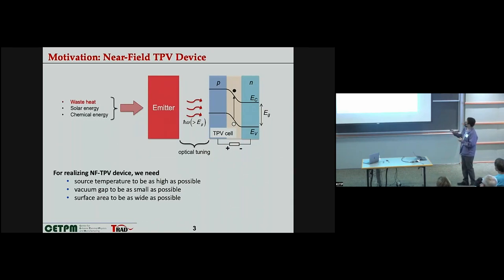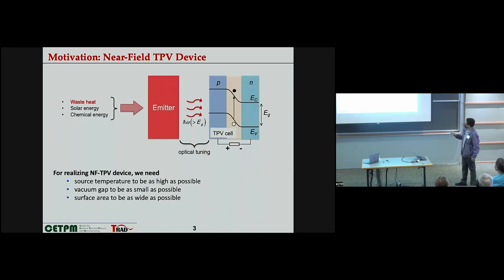We have a thermal emitter and a TPV cell, and if we maintain the vacuum gap distance between the emitter and the cell very small, then we can utilize the near field enhancement that will eventually provide enhanced power throughput of these devices, and hopefully we may enhance the efficiency, and I'll address that later.